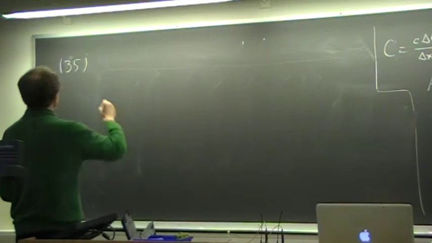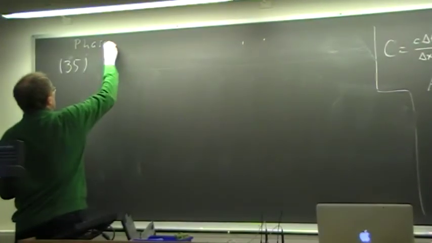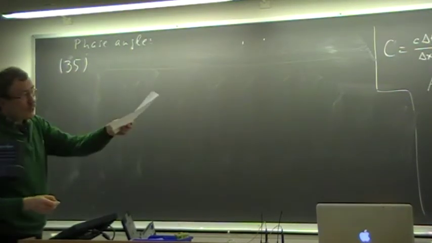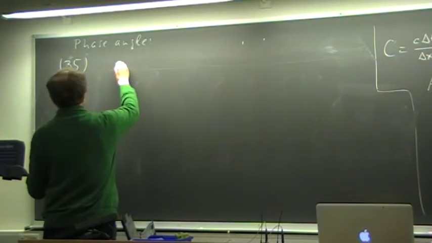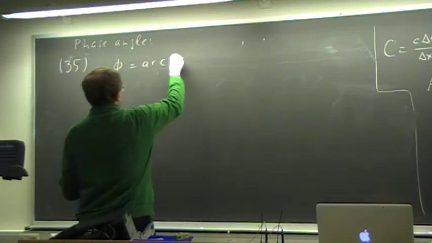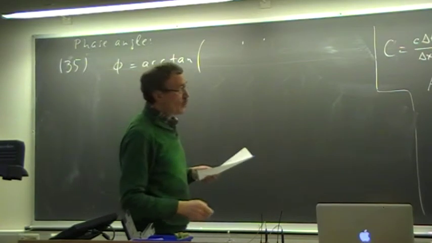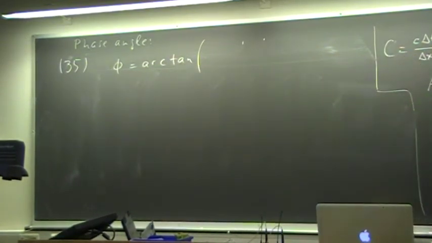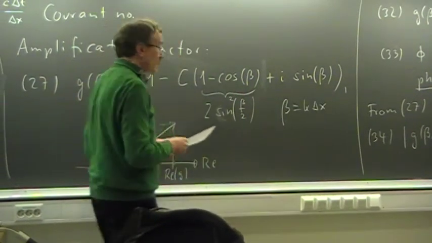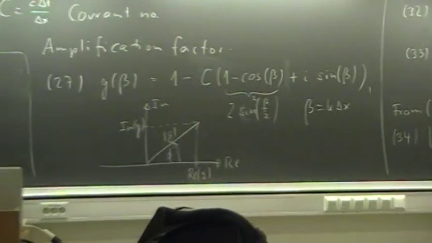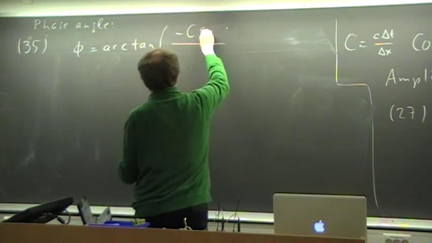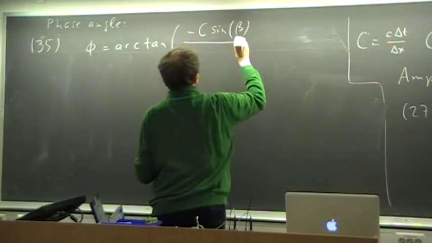So here we have the modulus, and here the phase angle. We simply have to take phi, which is the arc tangent of the following. Now we have to see what our imaginary part of g is. Here we see it is minus c times the sine of beta. That is the imaginary part. So that will come in the numerator, minus c times sine of beta.